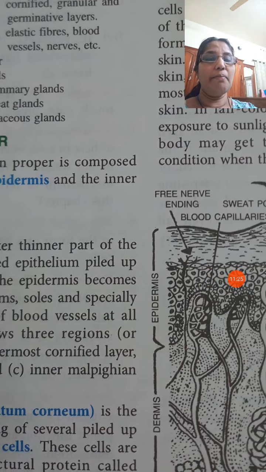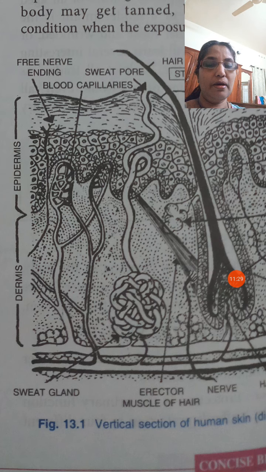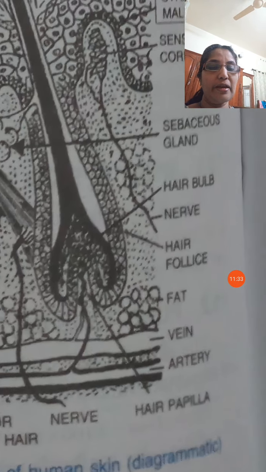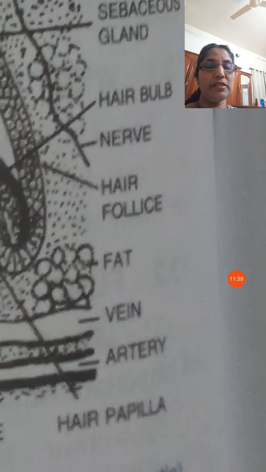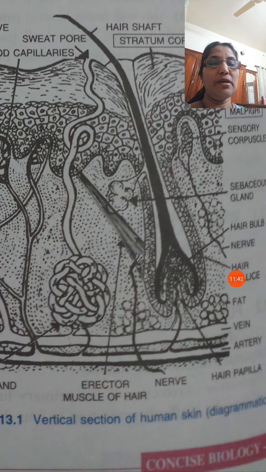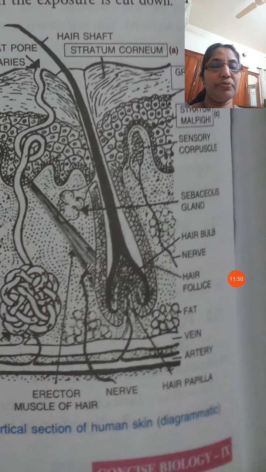Then again, blood vessels, vein and artery, are present. You can see the vein and artery here, bringing blood towards the skin. The skin also has a circulatory system supplying enough blood.